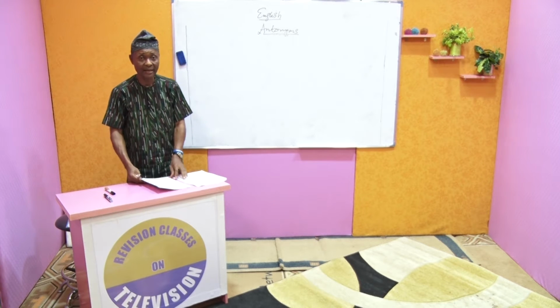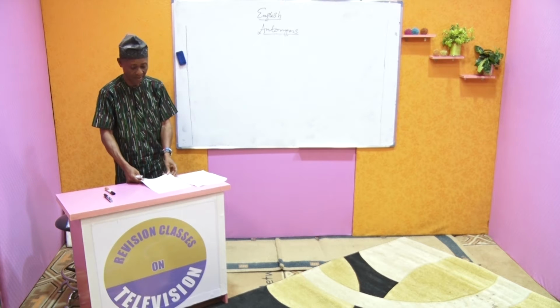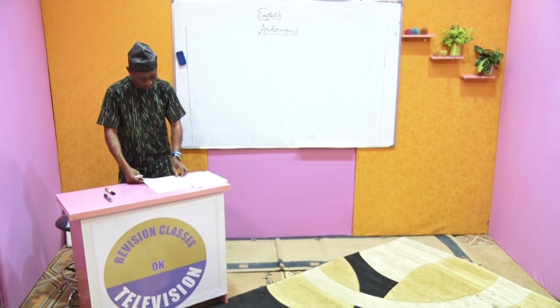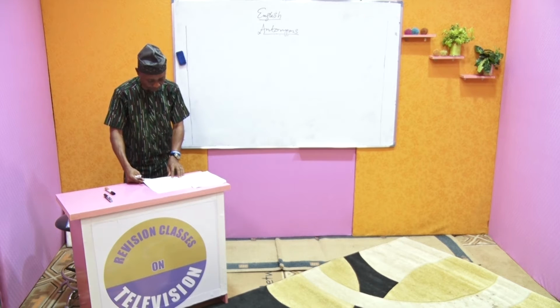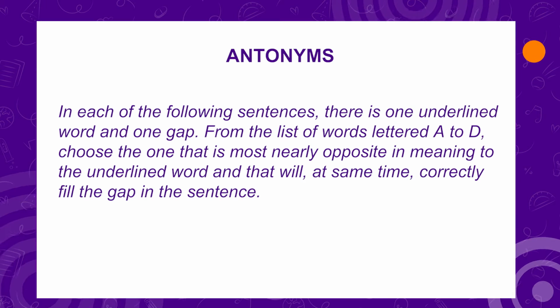Now we want to look at 2015 antonyms set by West African Examination Council. The instruction is this. In each of the following sentences, there is one underlined word and one gap. From the list of words lettered A to D, choose the one that is most nearly opposite in meaning to the underlined word and that will, at the same time, correctly fill the gap in the sentence.